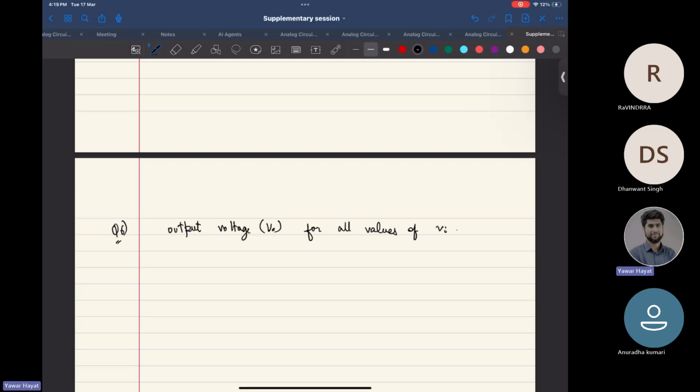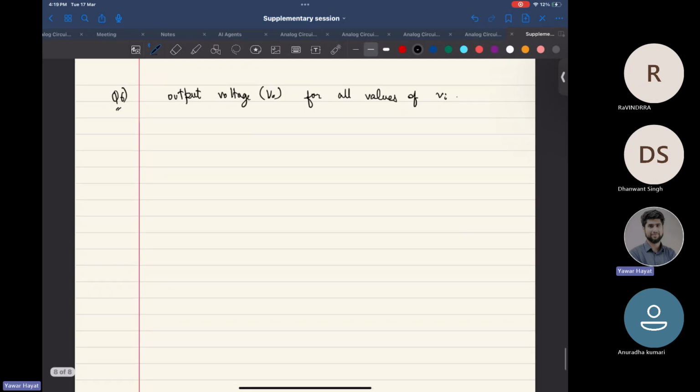Let me draw the circuit for you. The circuit is as follows.